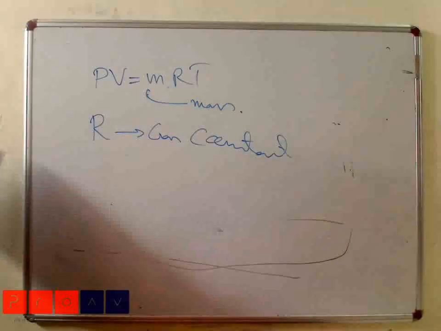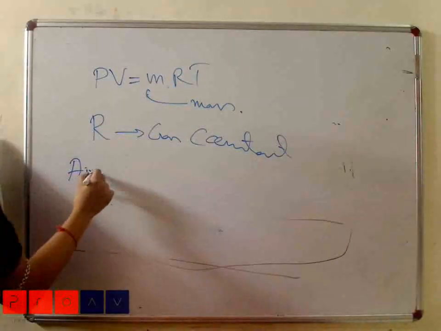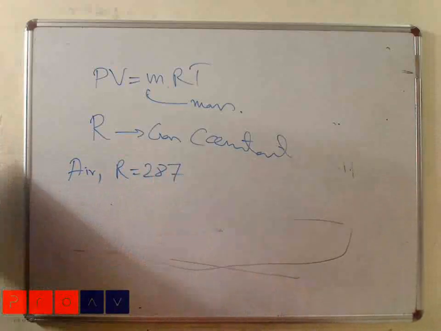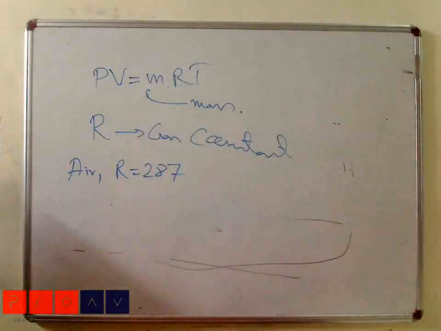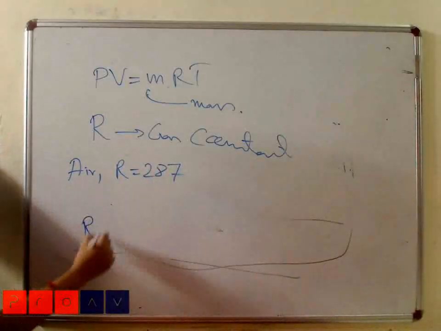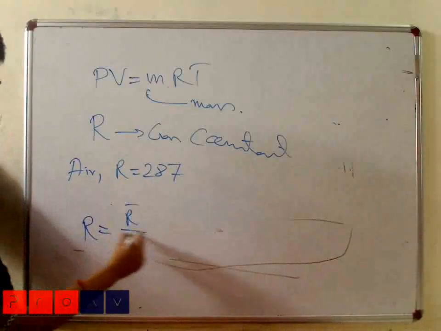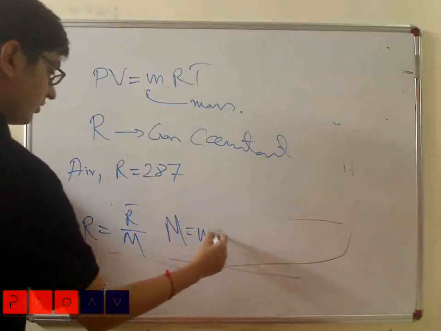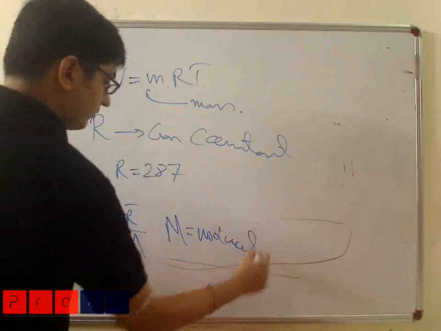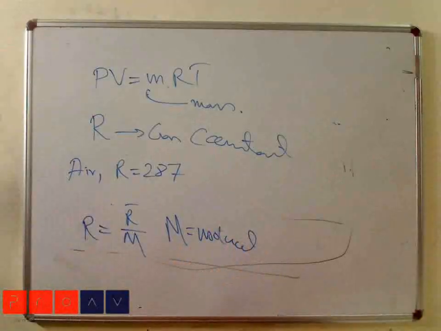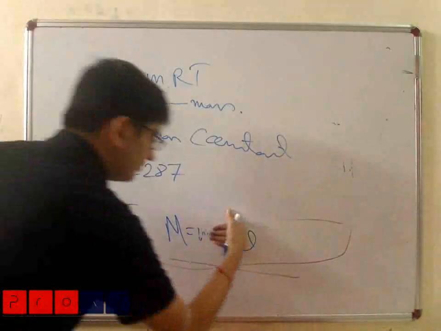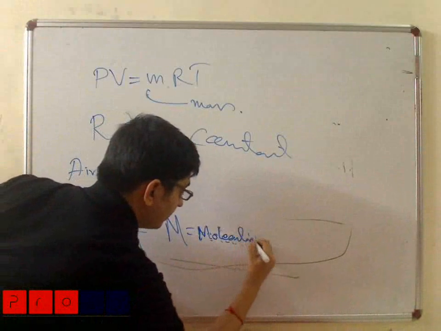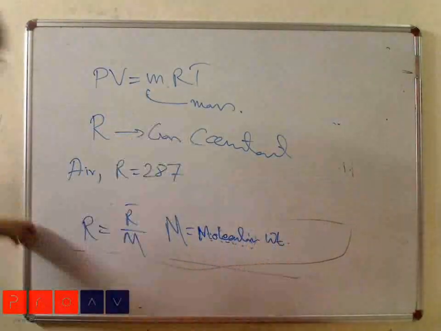For the case of air, R is 287. Basically, the definition of R is equal to R bar by M, where capital M is the molecular weight.